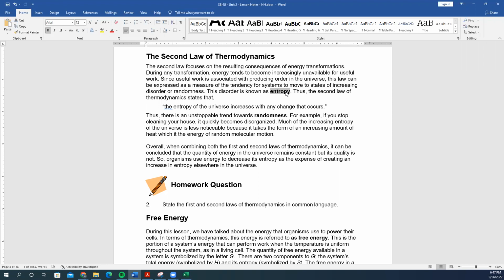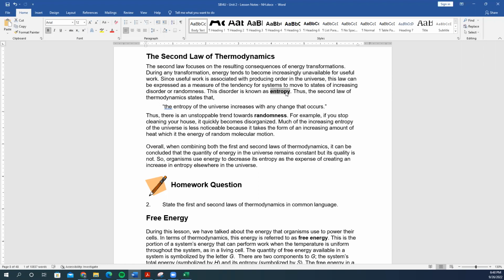So overall, when we combine these two laws of thermodynamics, the first and the second law, we can conclude that the amount of energy in the universe does stay constant, but its quality changes. The quality doesn't remain constant.